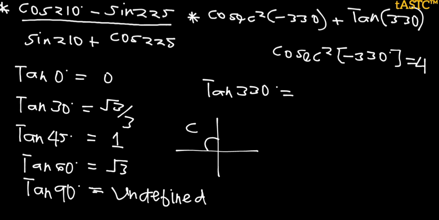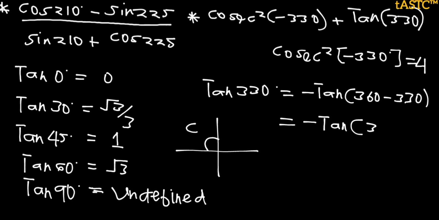So this would be negative tan of 360 minus 330 degrees. So this will be minus tan. Now this should give us 30. We already know that tan 30 degrees should give us root 3 divided by 3. So since we have a negative here, that should be negative root 3 divided by 3.